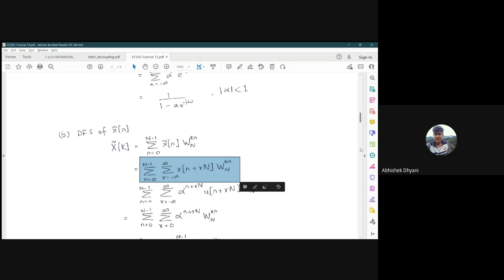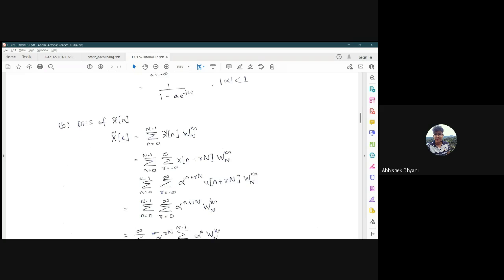So I can write x of n plus R N as alpha raised to the power n plus R N, where I replace n with n plus R capital N, and u of n with u of n plus R capital N. Because there is a unit step term here, I can absorb this term into the summation, and the summation will now be from 0 to infinity because u of n is a right-sided sequence, and that gives us this one.